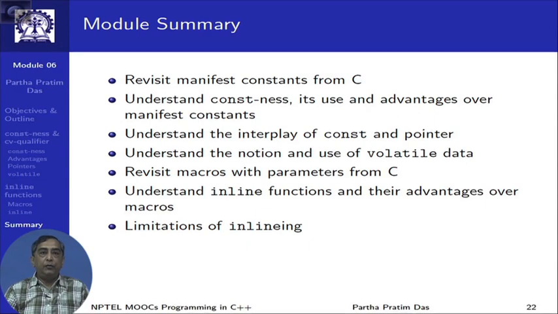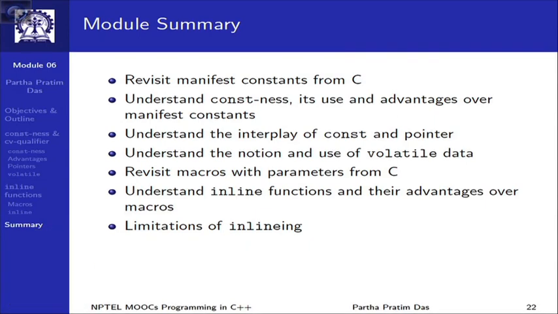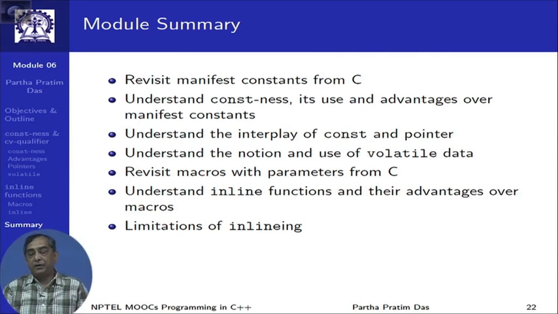So, in summary, we have revisited the manifest constant from C. I am talking about the whole of module 6. We have revisited manifest constants, understood the notion of constness as available in C++, and seen the advantages of const over manifest constants. We have also seen how const and pointers interplay.